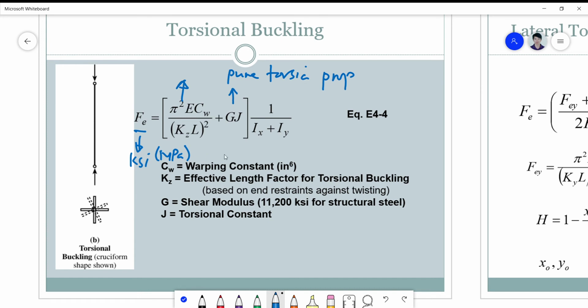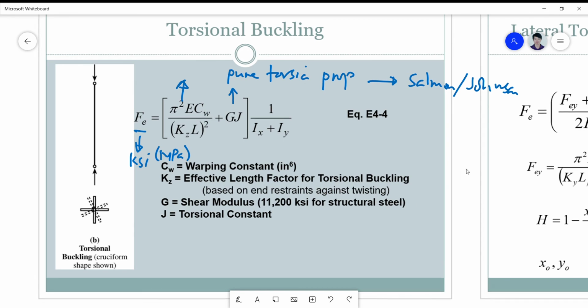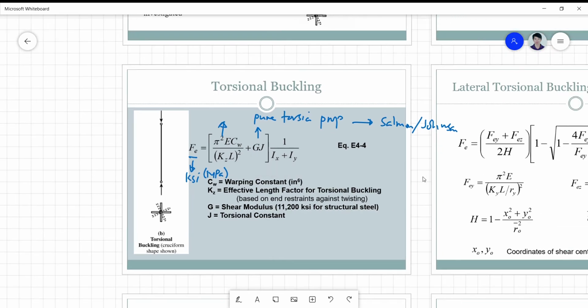So this is a torsion. If you want to see the derivation here, you can refer to the book of Salmon and Johnson, reference.